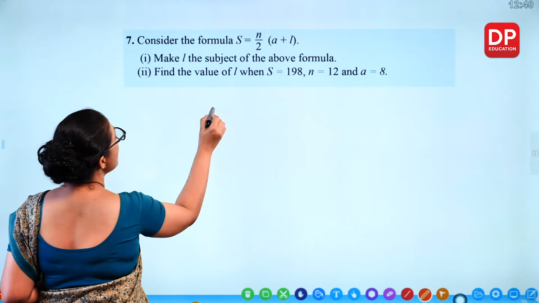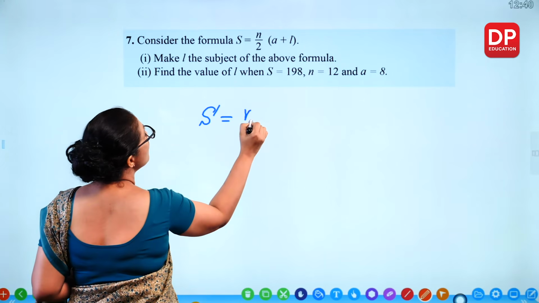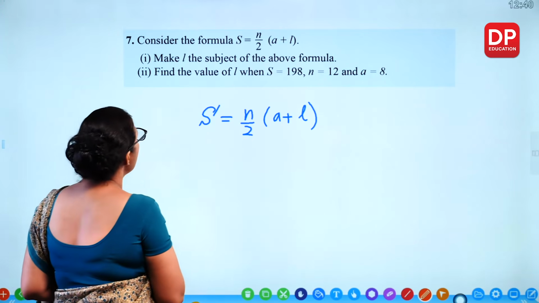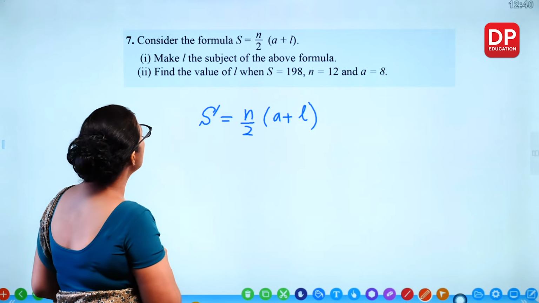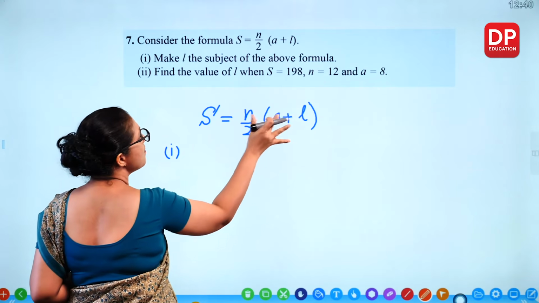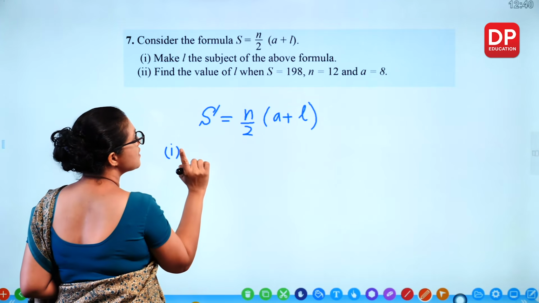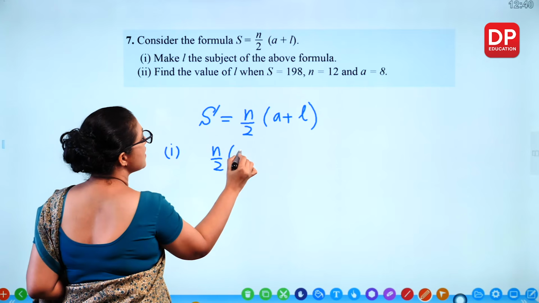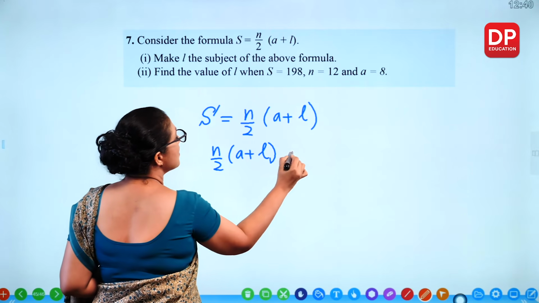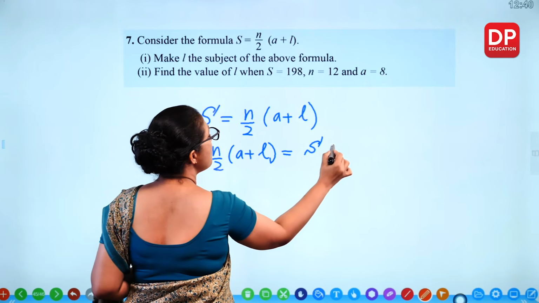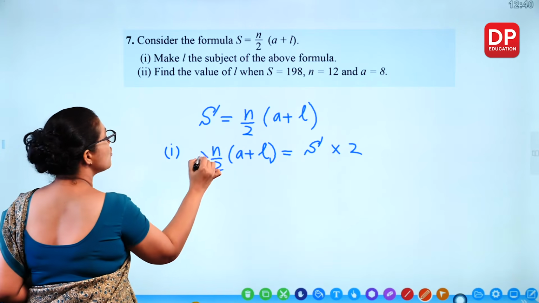Consider the formula. S equals n over 2 times a plus L. Make L the subject of the formula. So you need to keep this term in one side. So what's the first thing you can do? I can rewrite this as this term here and then multiply both sides by 2.